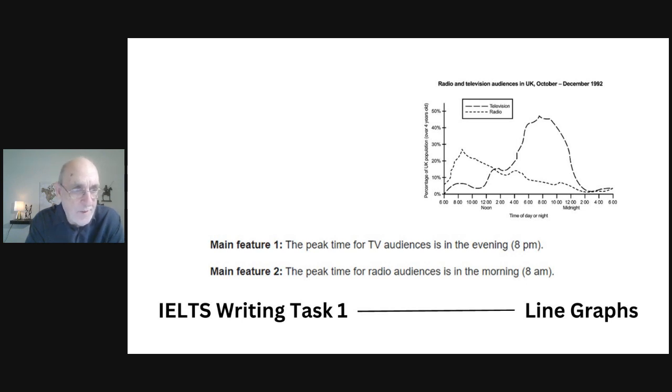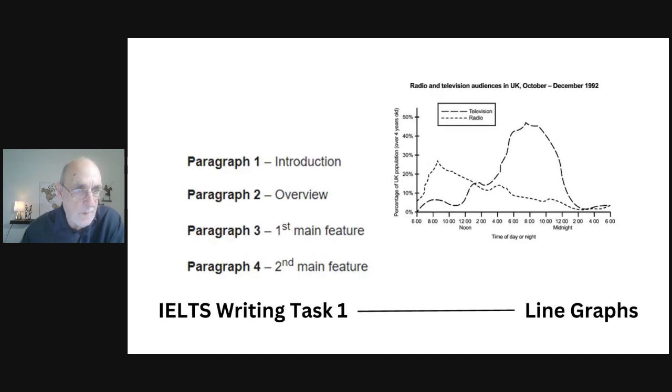And it's very simple in this case. We have two lines, one representing TV and one representing the radio. So it's very clear on how we're going to manage and describe this graph and share the information in our essay.